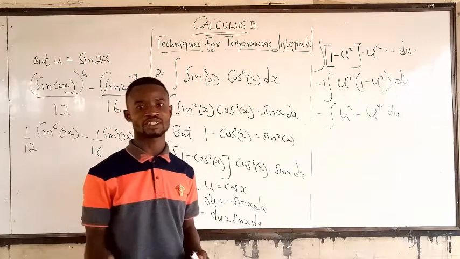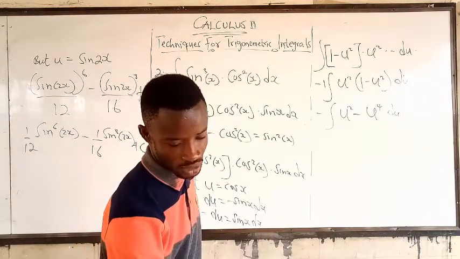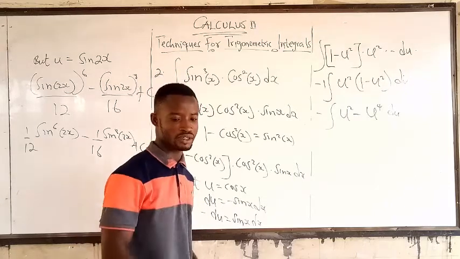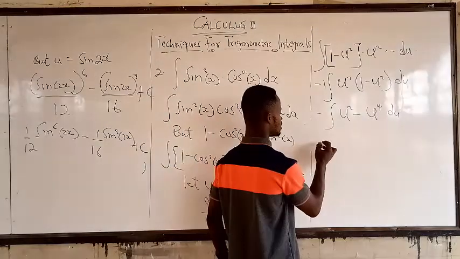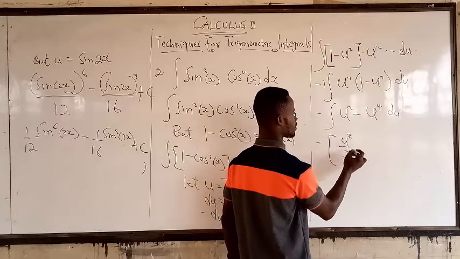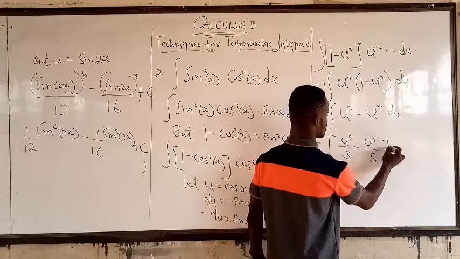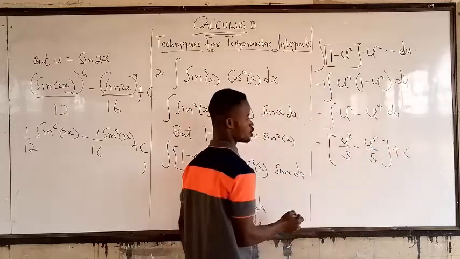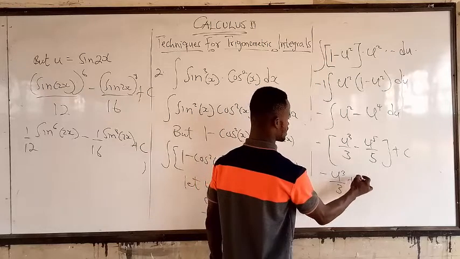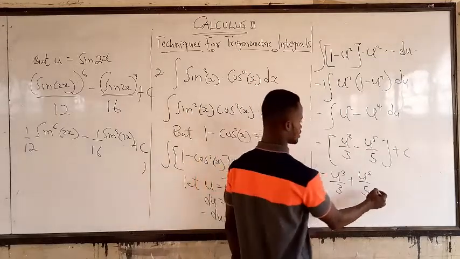Then you integrate each term. Alright? So when you integrate each term, very good, but don't forget the negative will apply to the inside. You get u to the power 3 over 3 minus u to the power 5 over 5 plus c. So negative u raised to the power 3 over 3 plus u raised to the power 5 over 5. Hope you can see that.